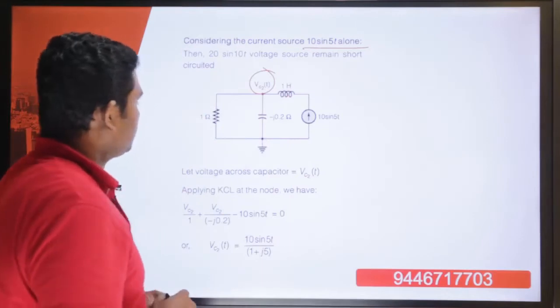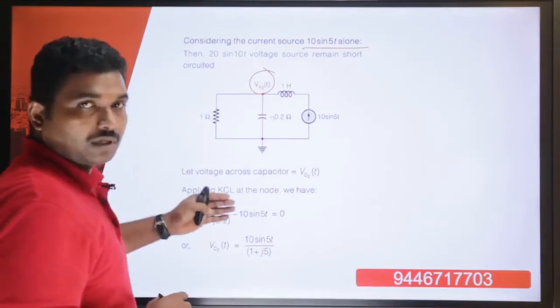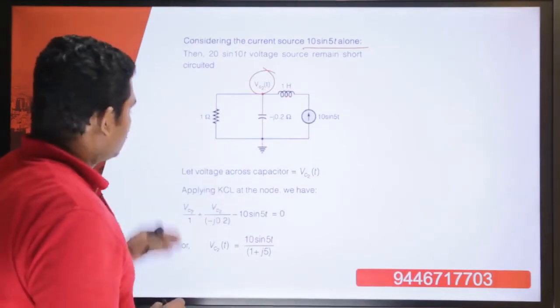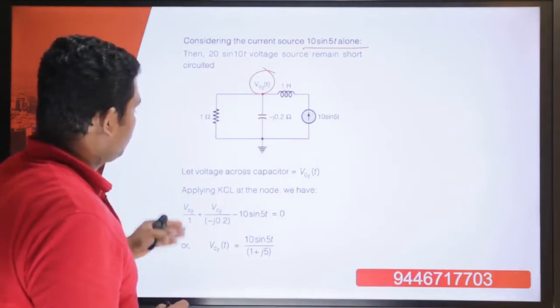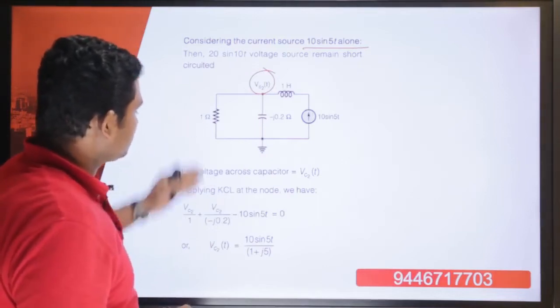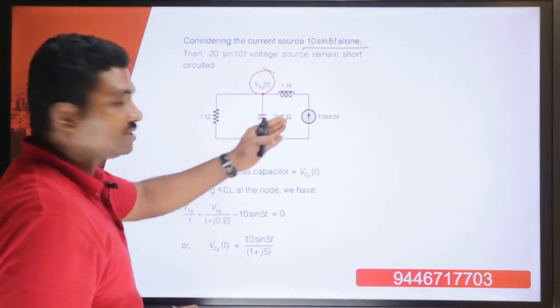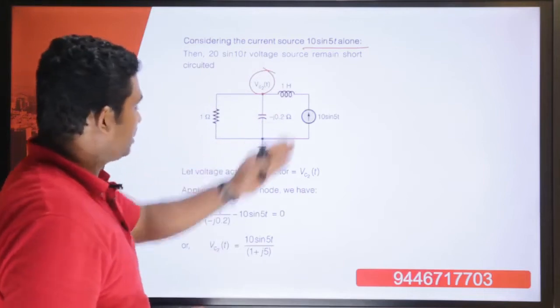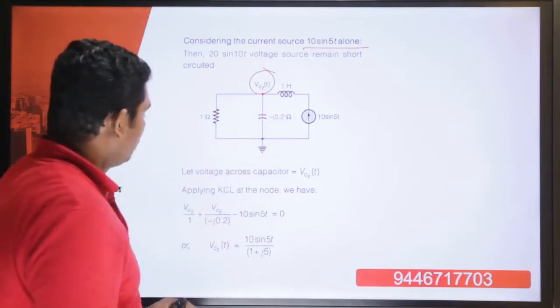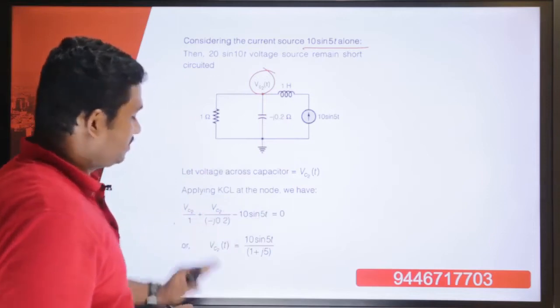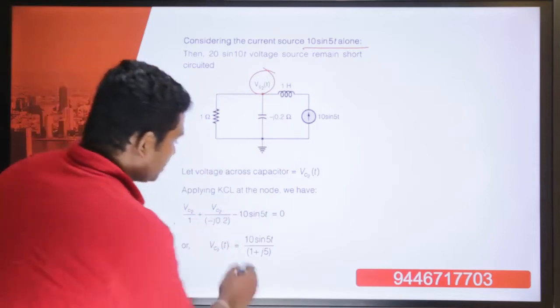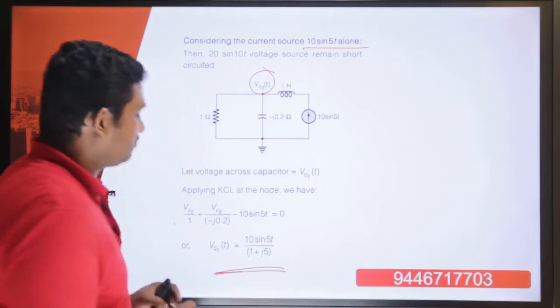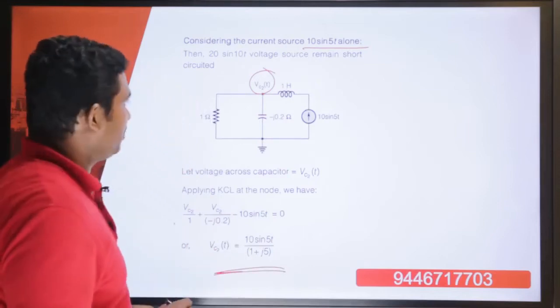Vc2 of t is actually the node voltage. So we are going to write the equation for the node. It is Vc2 divided by 1 plus Vc2 divided by minus j0.2 minus 10 sin 5t is equal to 0. From this we will be able to isolate Vc2 of t as 10 sin 5t divided by 1 plus j5.